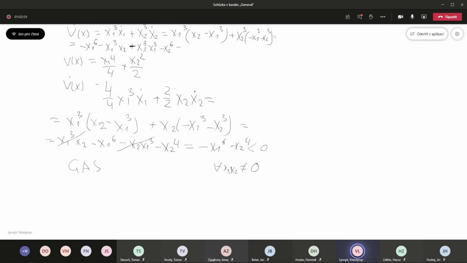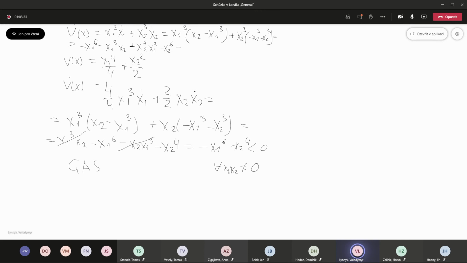If I have more time, I will show you how we can check if a polynomial is positive definite or negative definite. We can check it in future, but now only this kind of calculation. Any question?